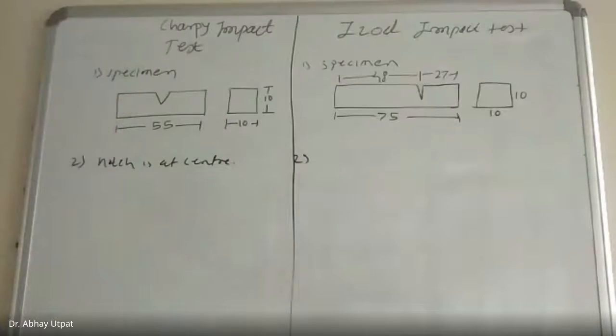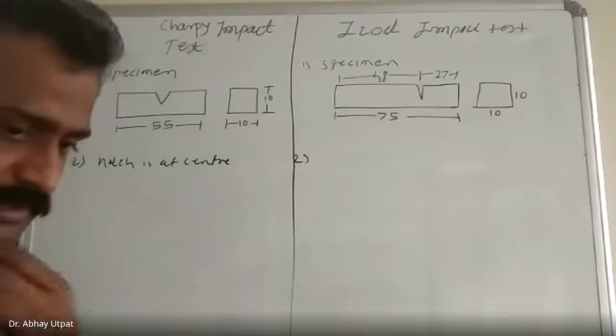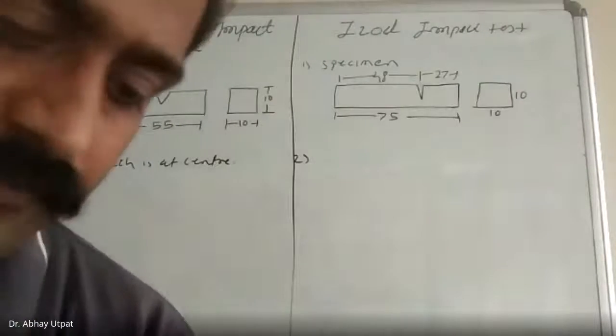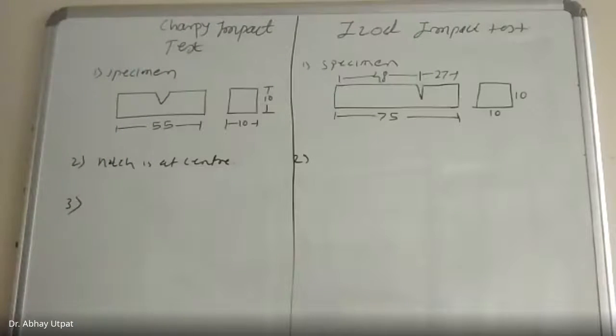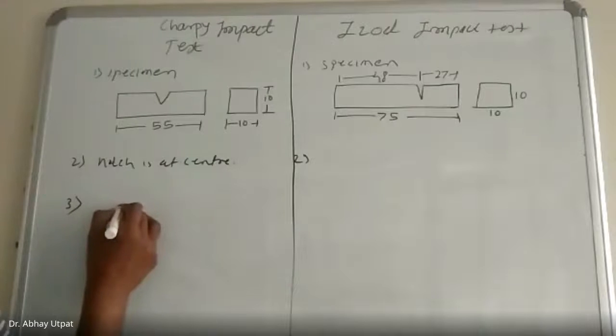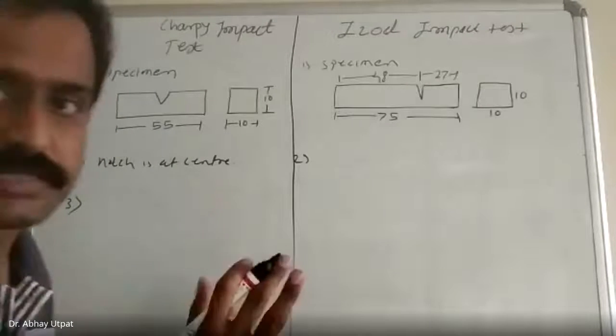The second point of difference is the notch is away from the center. The third point of difference is the specimen is kept horizontal during the working. I will explain how it works.